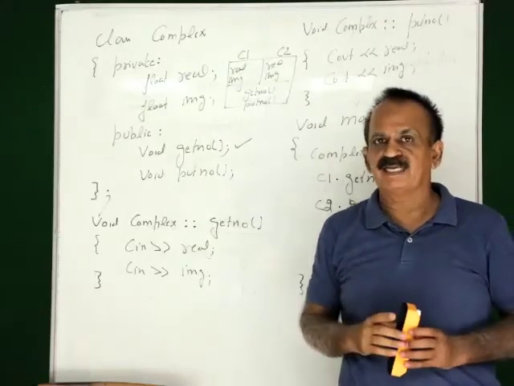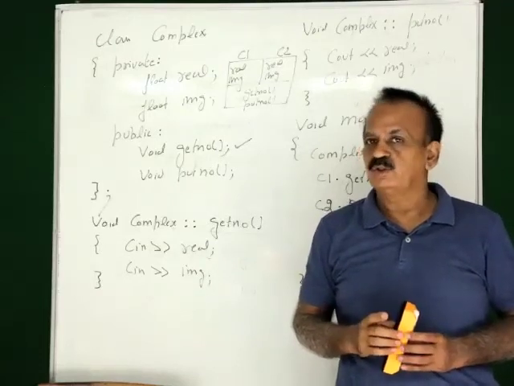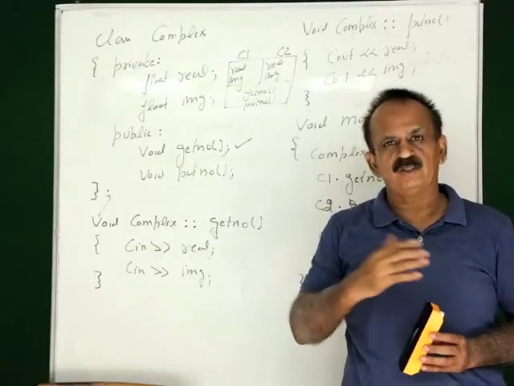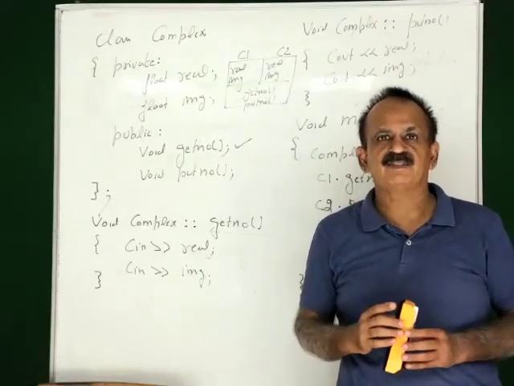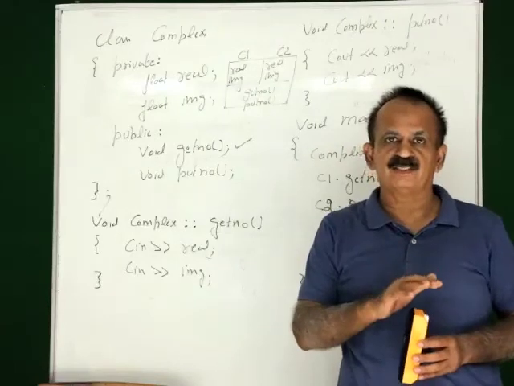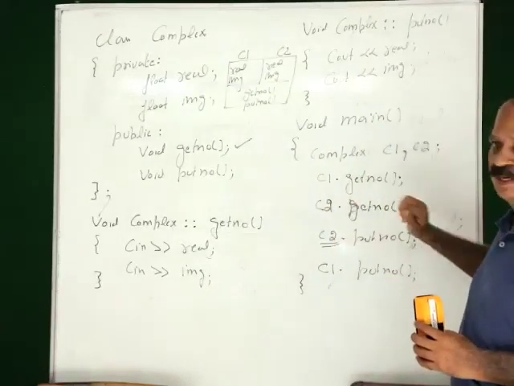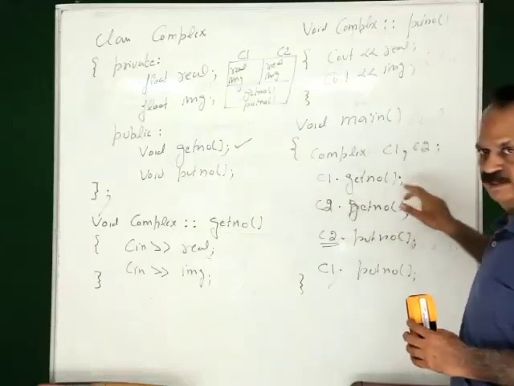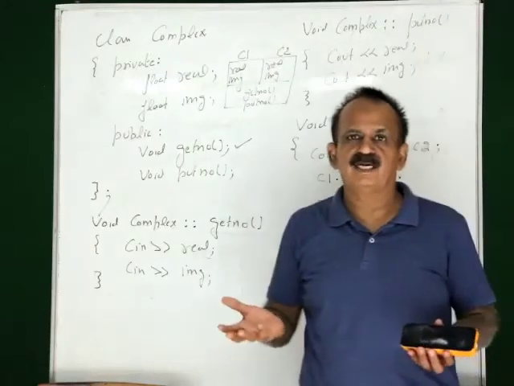Another very important concept is data abstraction. Now data abstraction is using the data without going into the details of the process. This is basically the concept known as abstraction. We use at the outer surface without going into the details. As in this main program, I am using C1.get number without going into the details of how the numbers are input.